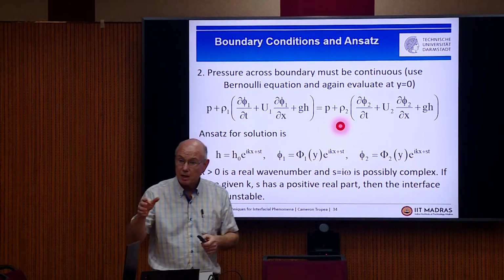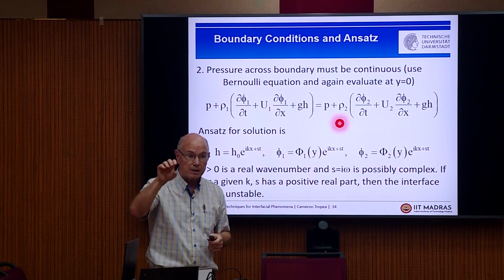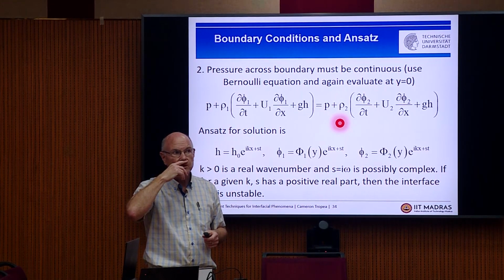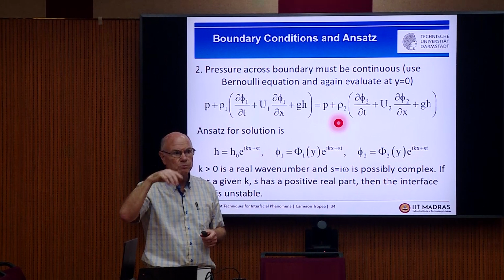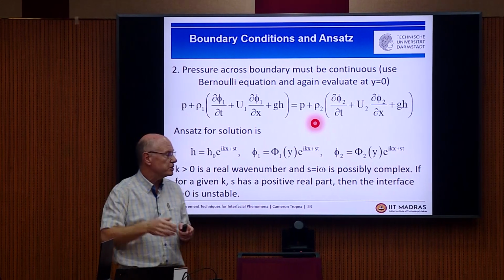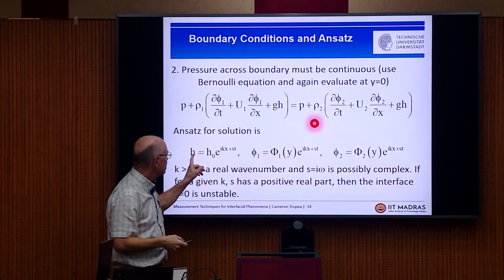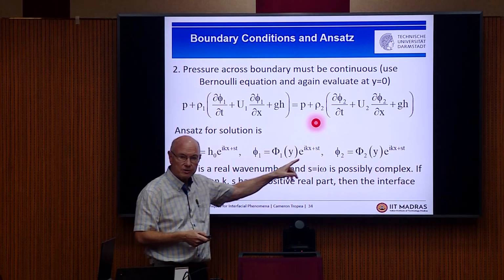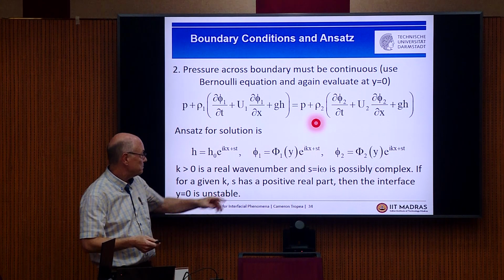Last time we postulated changes of U_R, U_Z, and pressure, changing in time and space. And here we're postulating changes of the interface height and changes of the two potentials in space and time.